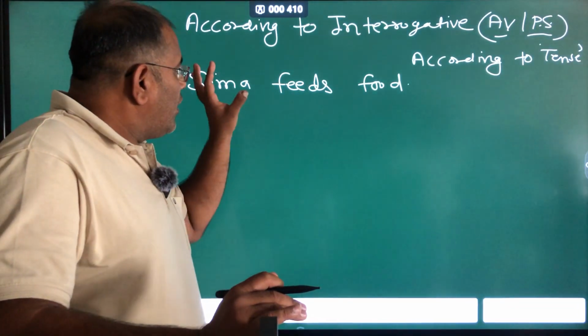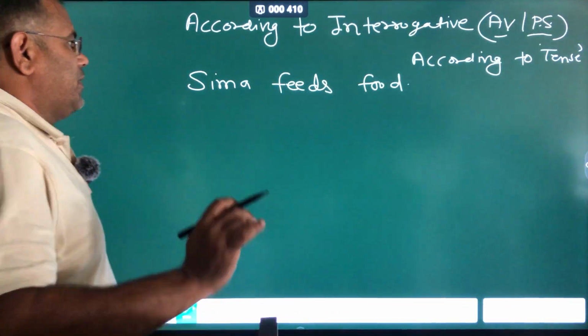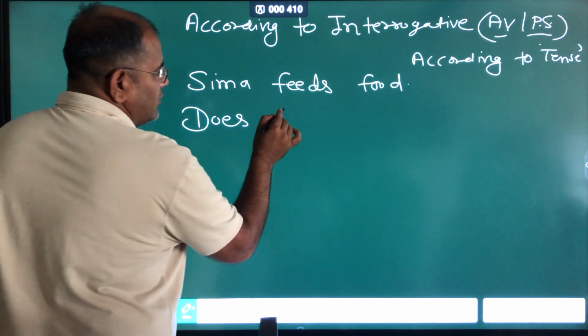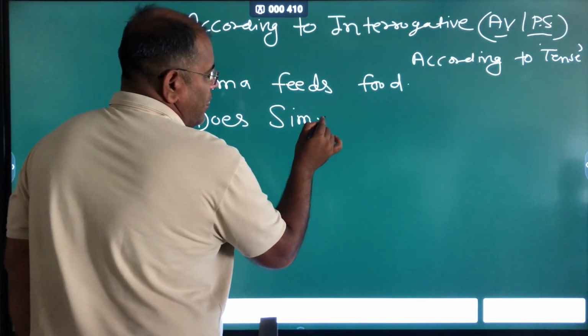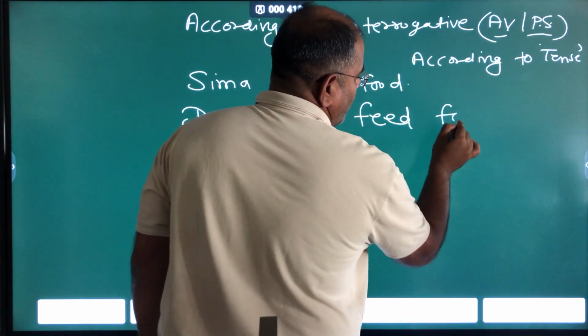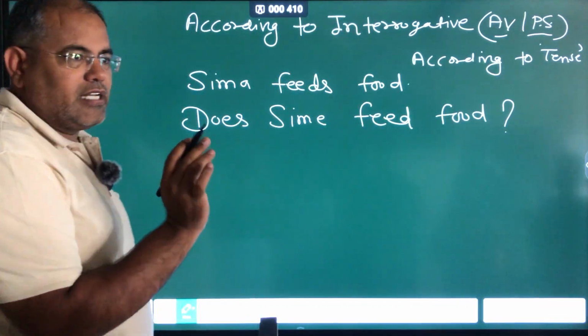Now I convert this sentence into interrogative format. For example, I use here does: Does Seema feed food? And at the last, the symbol of interrogation. Is that clear?